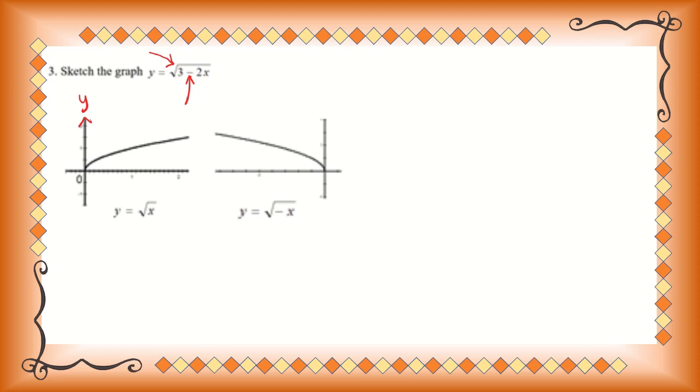So next, we need to see, is there any constant in front of x? So now it is a 2 in front of x, means we need to carry out enlargement by using scale factor 1/2. Now, since scale factor is less than 1, so means the image compared with the object, the image should be nearer to the y-axis because the center is the y-axis.